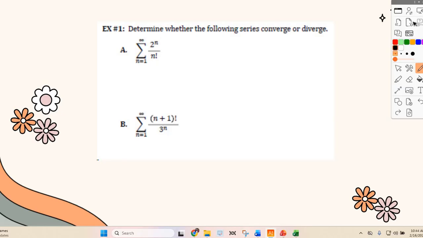So our ratio test tells us that we want to look at the limit as n goes to infinity of what? What's on the inside? Absolute value of a sub n plus 1.